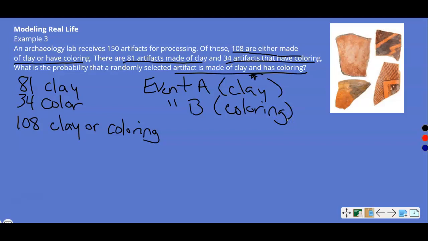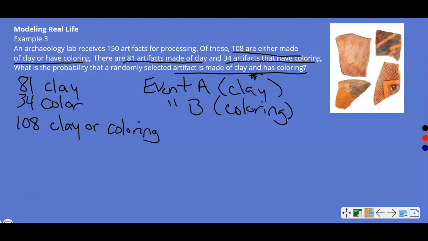Just like in the last example, if these are not overlapping, we can just add A and B together. If it has parts that are overlapping, then we will have to subtract the overlapping part.